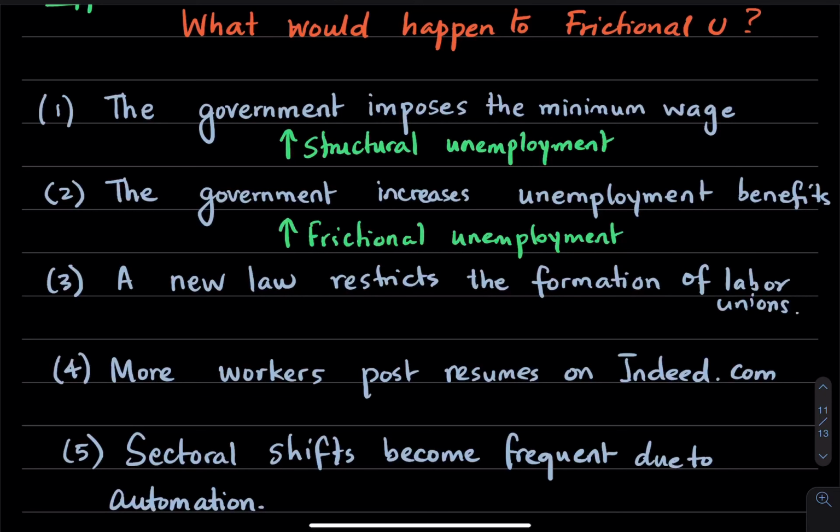Okay, and part C says a new law restricts the formation of labor unions. If there is a new law banning labor unions, this type of policy is likely to reduce structural unemployment, but it will not have an effect on frictional unemployment.